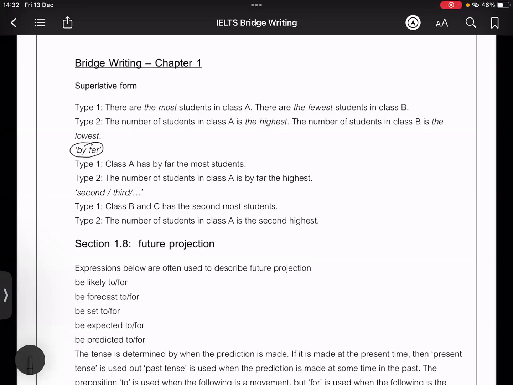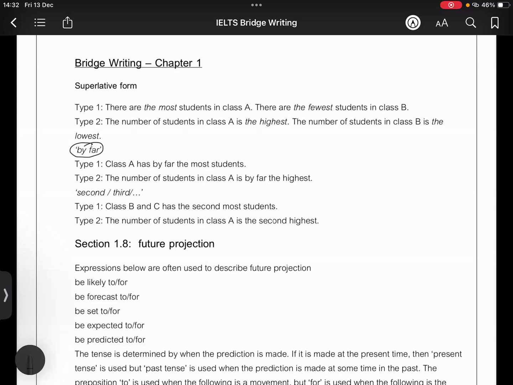It's like putting a highlight marker over the superlative adjective. That's the only effect that it has on the sentence. It doesn't add any significant meaning. It's just there to highlight.